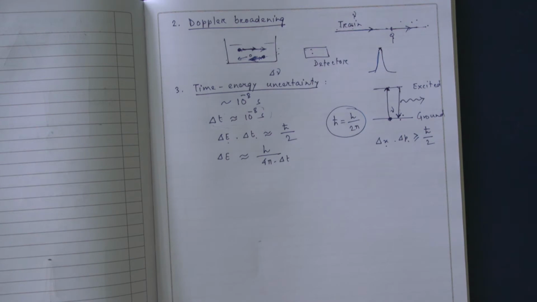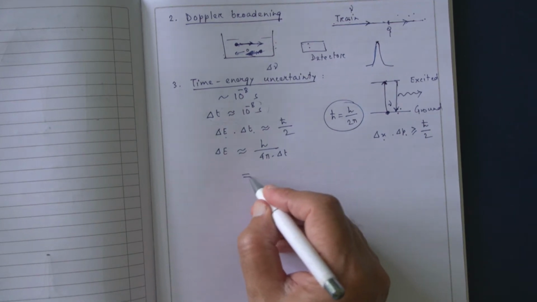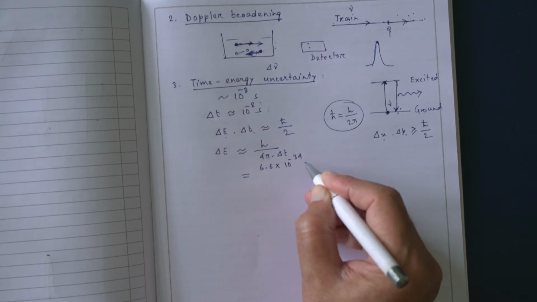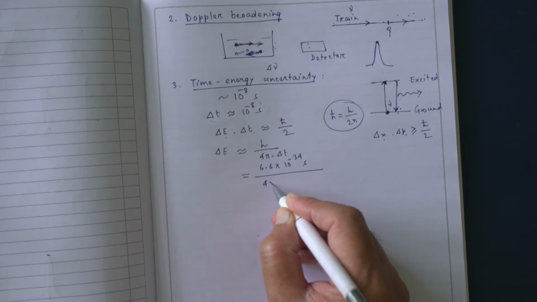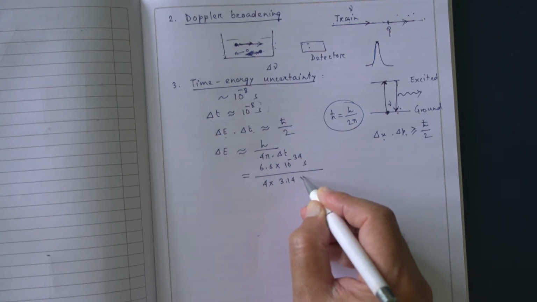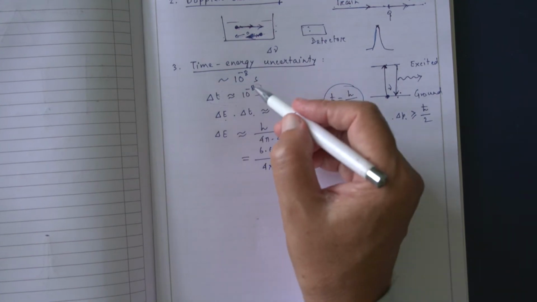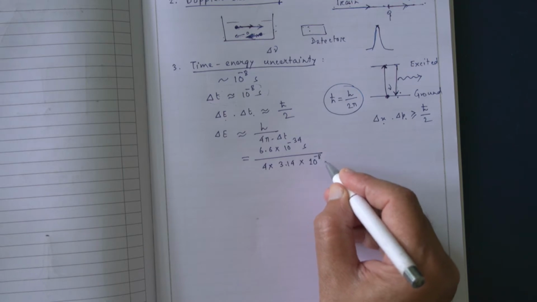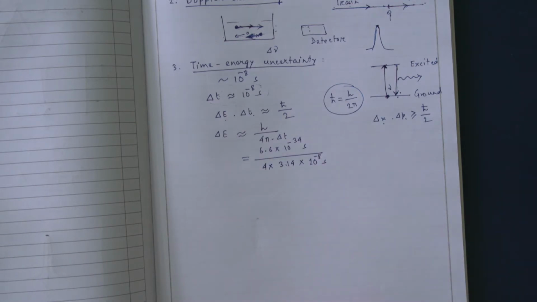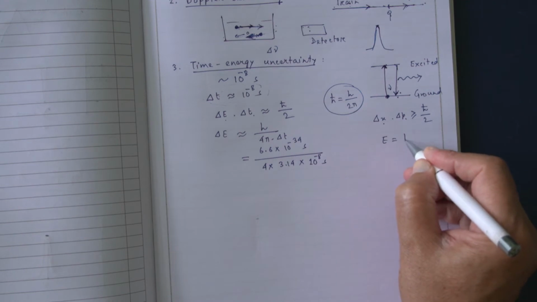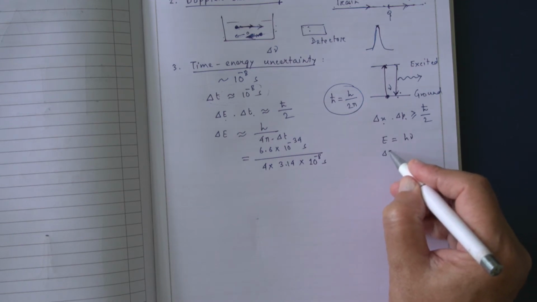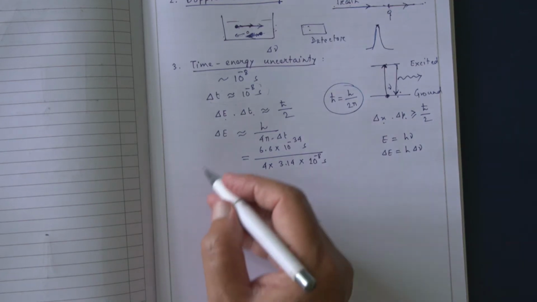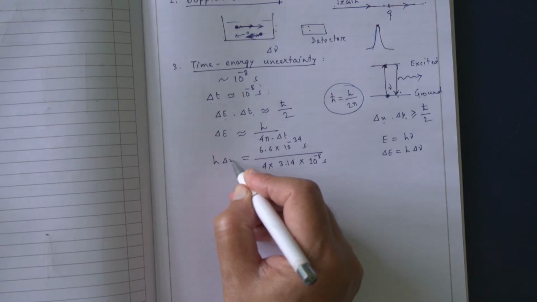Now you see, h equals 6.6 into 10 to the power minus 34 joule second, and 4 pi equals about 12.56. Say for an electronic transition, del t equals 10 to the power minus 8 second. And I have already said energy equals h nu, so del E equals h del nu.